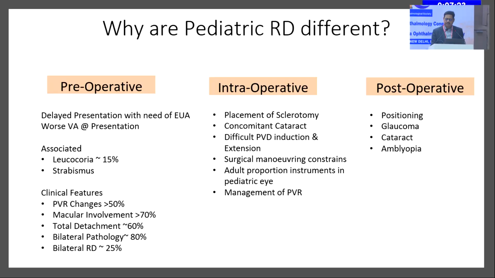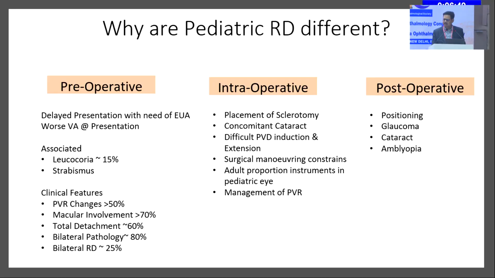Then, intraoperatively, the difference between adult and pediatric retinal detachment is the sclerotomy when you are passing, because the sclera is thin and the possibility of perforation is very high. There may also be a concomitant cataract, and PVD induction is very difficult, especially with ROP and detachments below the age of 2 years, where the vitreous is in sheets.